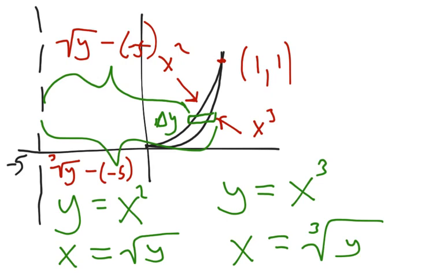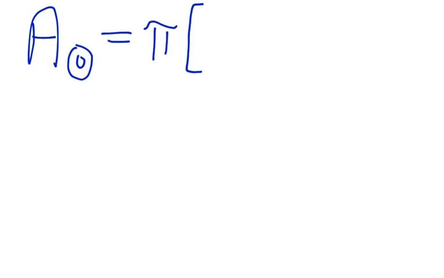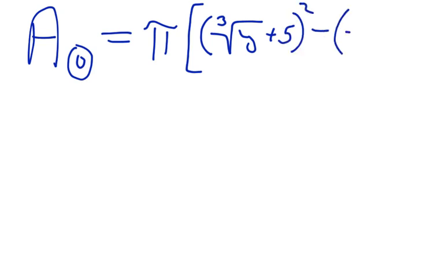Just going back to the picture, our outer radius is going to be the cube root of y plus 5. So we're going to have the cube root of y plus 5 quantity squared minus the square root of y plus 5 quantity squared. And there's our area of our cross-sectional slice.